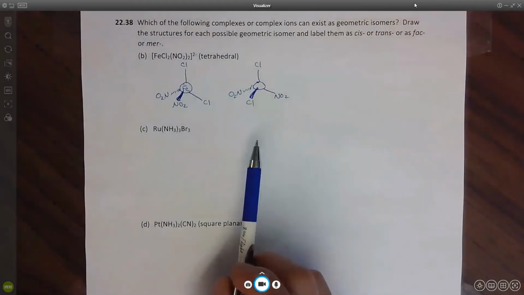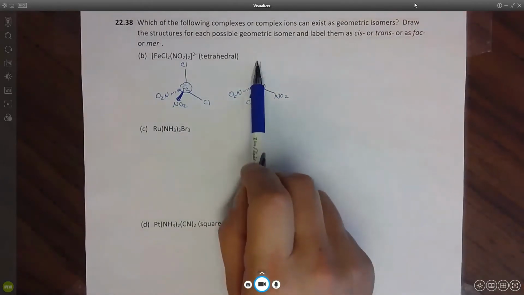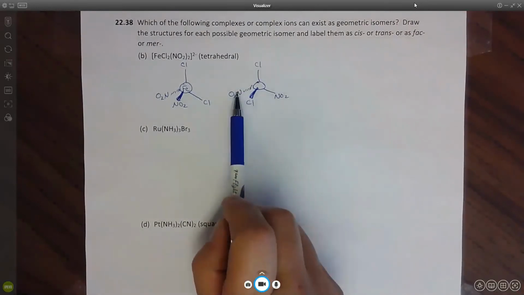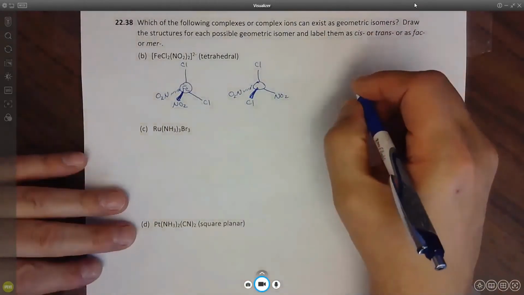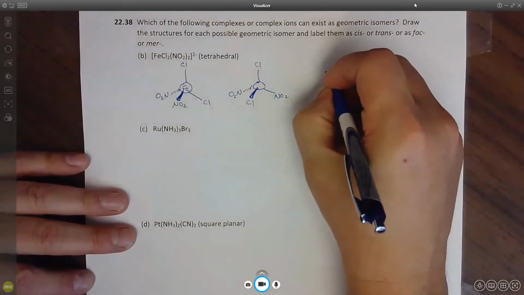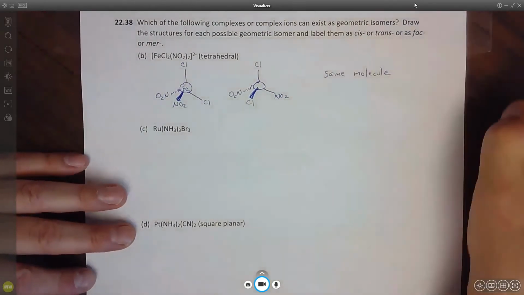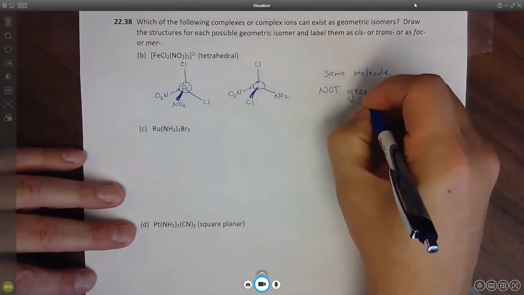So we could actually do that by simply rotating this molecule along this axis and rotate this one to here. That'll put this guy here and this guy here, which is identical to this structure here. So these are the same molecule because you can rotate them, and therefore they are not geometric isomers.